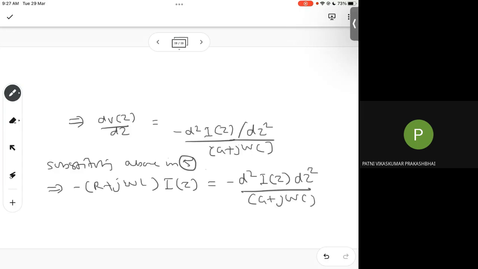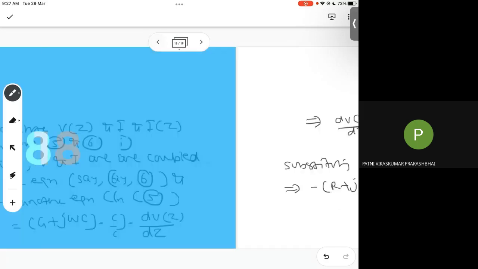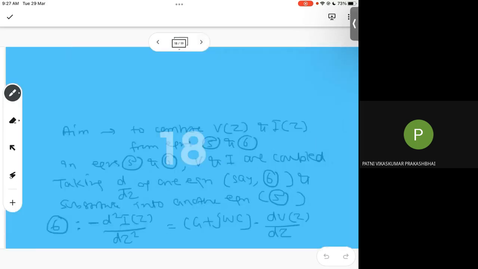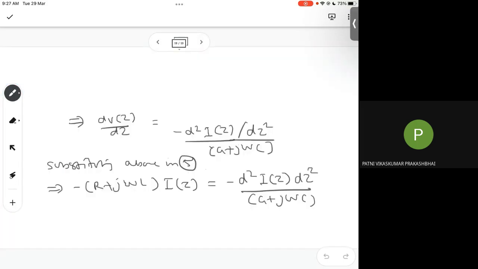I recall equation number 5 again for your reference. I replace the left hand side, minus dVz by dz, by minus d square Iz by dz square over (G plus j omega C), and the right hand side remains like that. Each step is there for you, so this becomes like this.